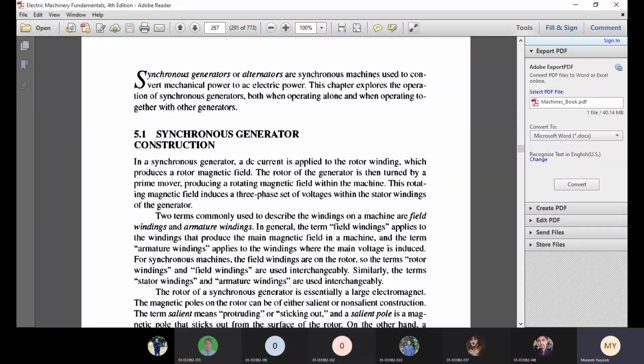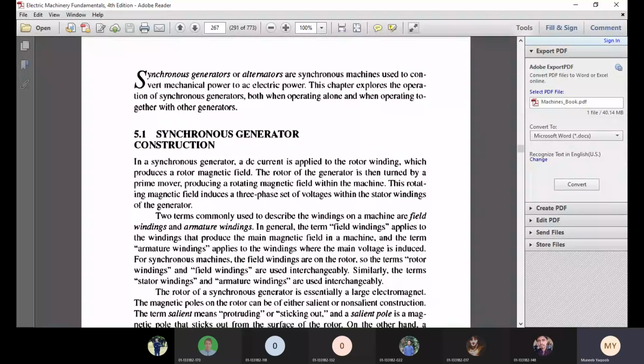But we use the words armature winding and field winding instead of stator winding and rotor winding. So what is this concept? If there are two windings, which winding is the armature winding and which is the field winding? To answer this question, we look at the winding whose field is dominant. For example, in AC machines, the field of the rotor becomes dominant.